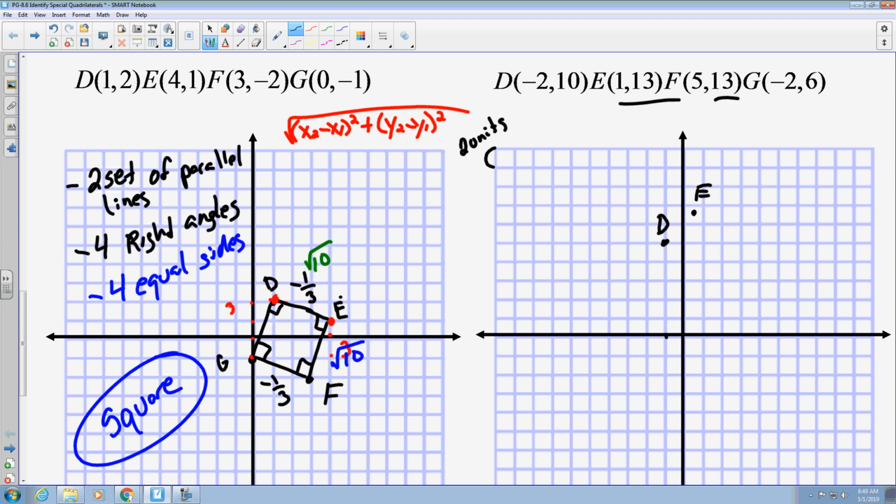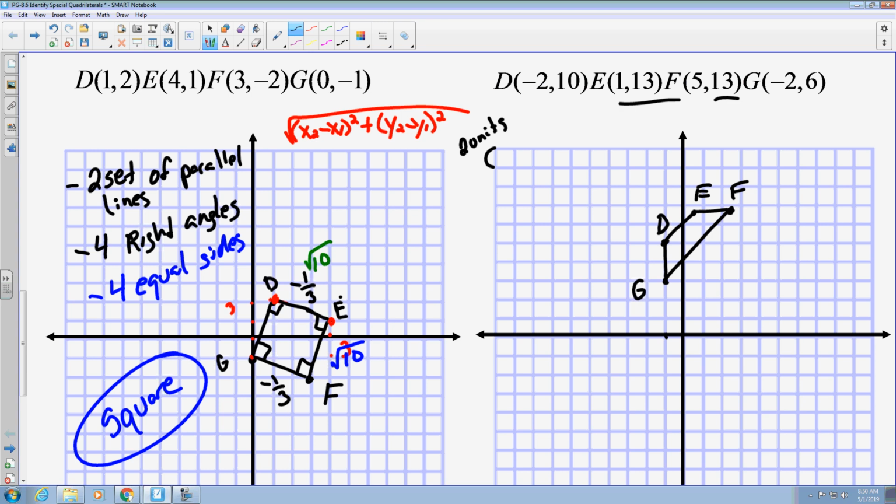F, I got 5, 13, which is right there. And then I got G, which is negative 2, 6, which is right here.